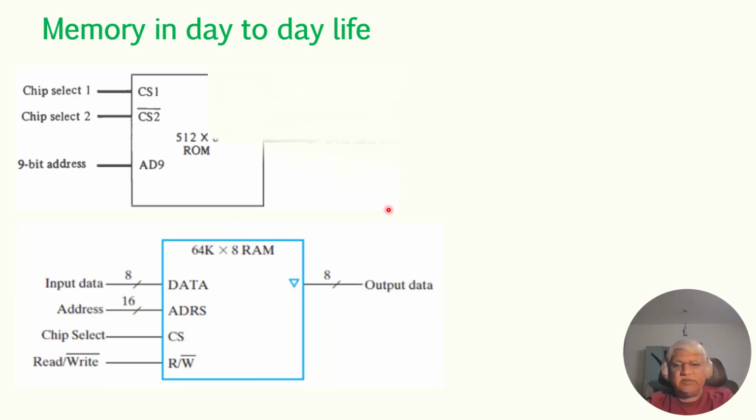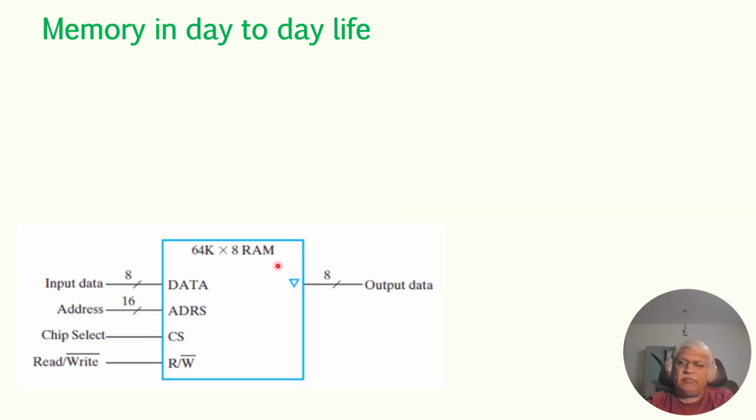Aside from that, there is one more type, which is RAM. The earlier one was ROM, this is RAM. Since it is RAM, you can write onto it, aside from reading. In the ROM, only reading is possible. Here, this is the input data, which is 8-bit, and the address is 16-bit, so it is 2 to the power of 16.